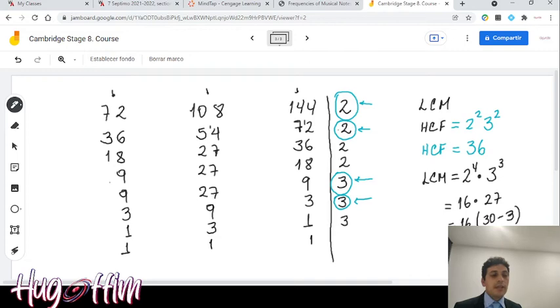So 480 minus 48 should be 432. And this is the lowest common multiple of our numbers.